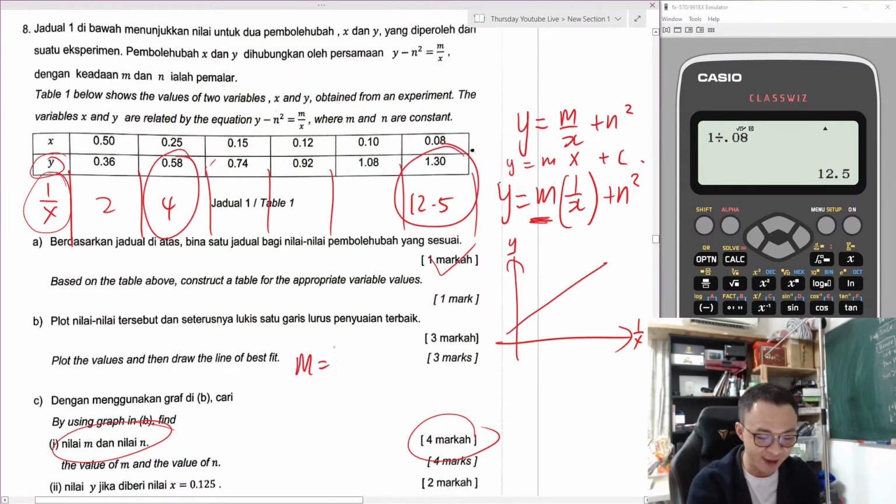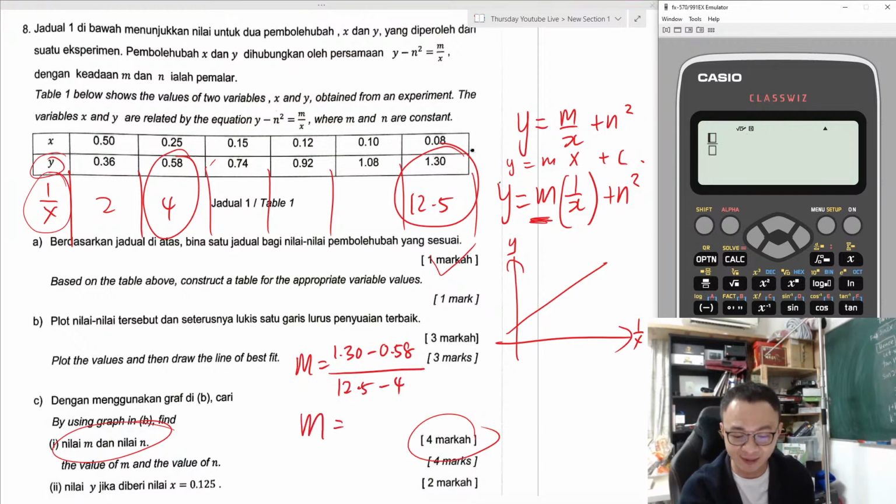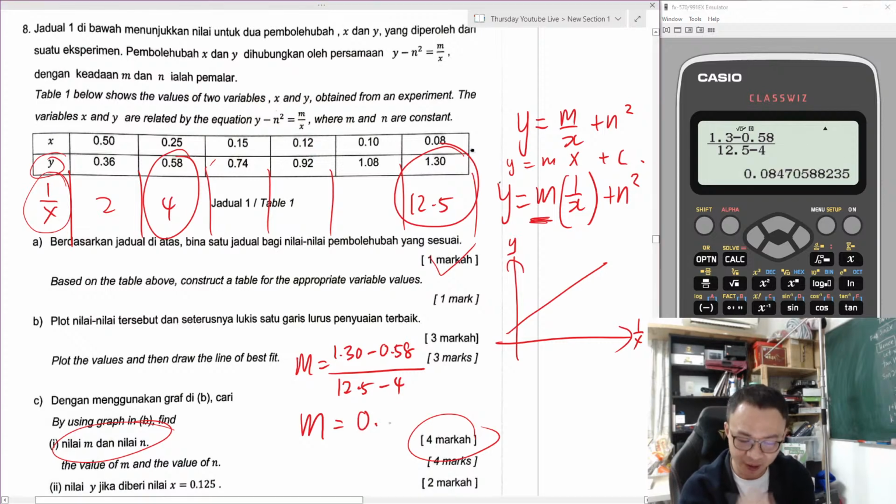Therefore my gradient is the y value minus the y value, over the x value minus the x value. From here I can easily get my gradient. So 12.5 minus 4. Yeah, so this one is 0.0847.